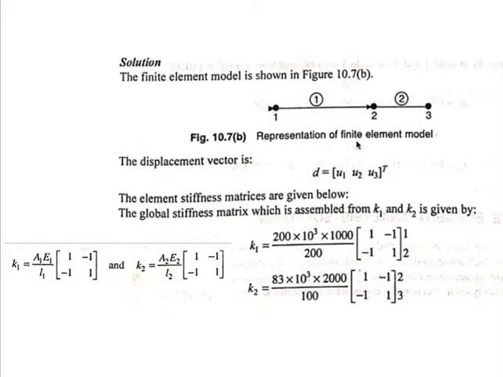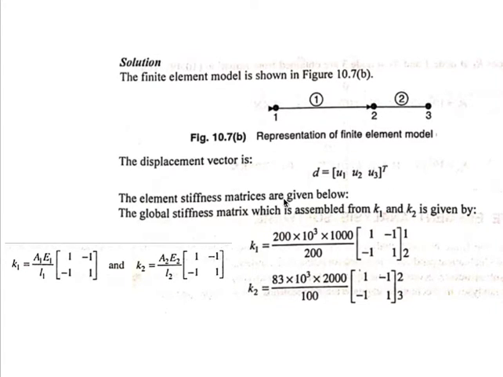So we know the displacement vector d is equal to the matrix of u1, u2, and u3, the displacements of those nodes, and we know that P is applied here. We'll see step by step now.